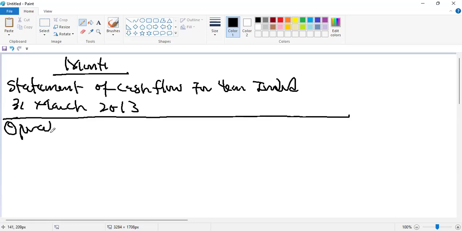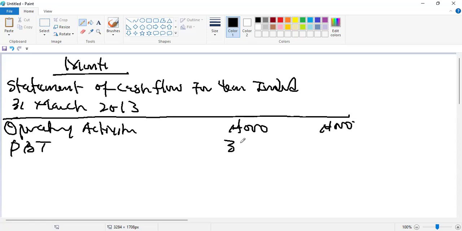Operating activities. What is the profit before tax? 3,000. Adjustments.